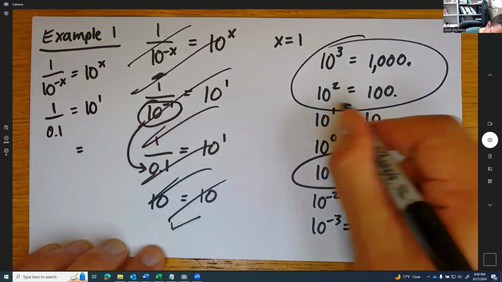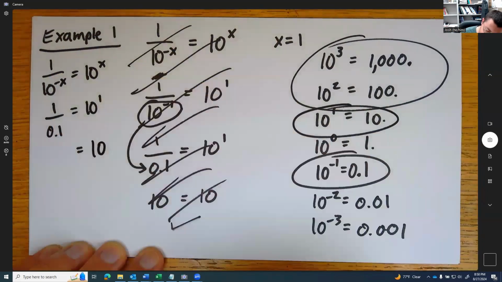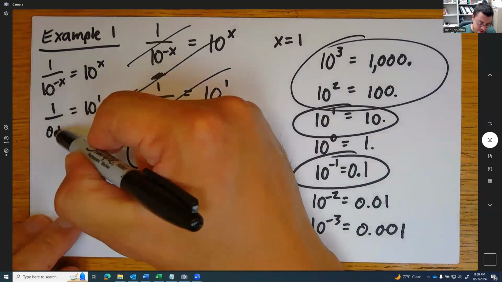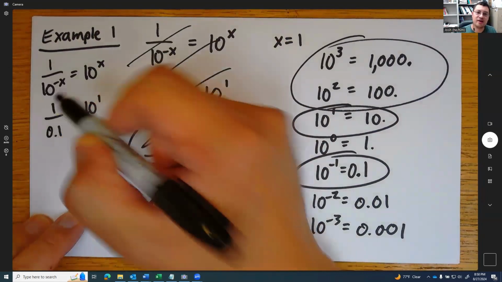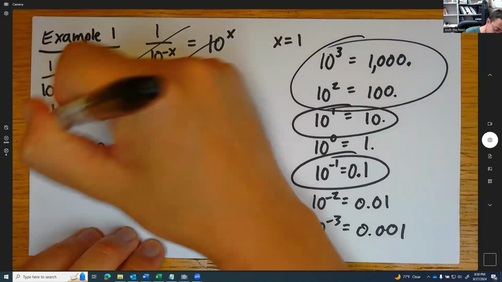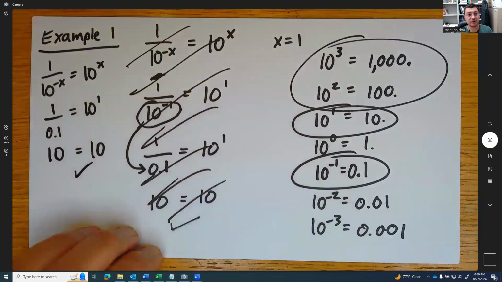We have a 10. We could bust out our calculator for this, 1 divided by 0.1, but we can also sound it out. 0.1 is 1/10. A tenth fits into 1 10 times. If you have a pizza with 10 slices, each slice is 1/10. You have a total of 10 slices. So 10 is equal to 10, and we're good.